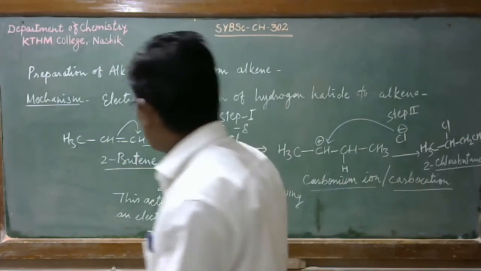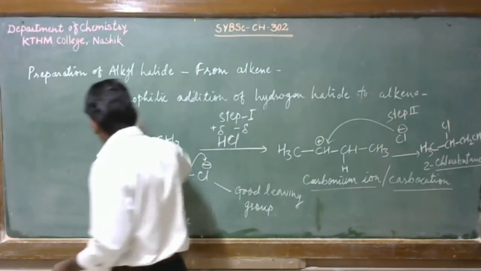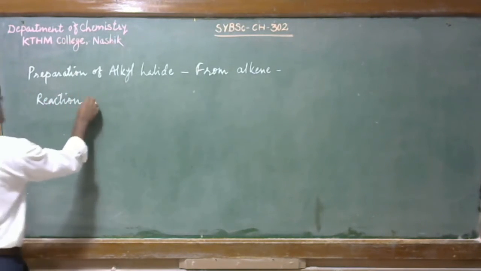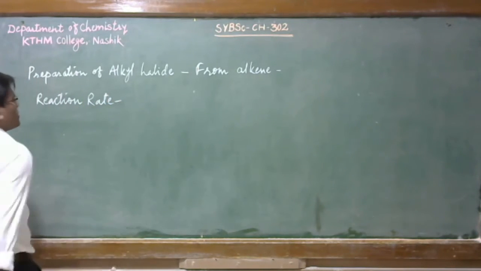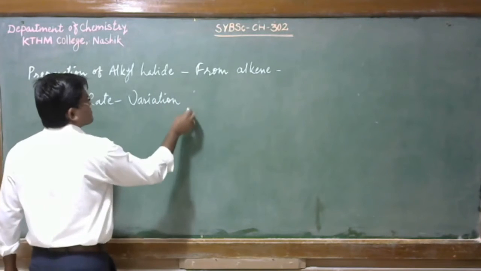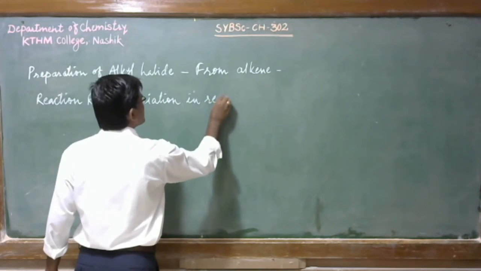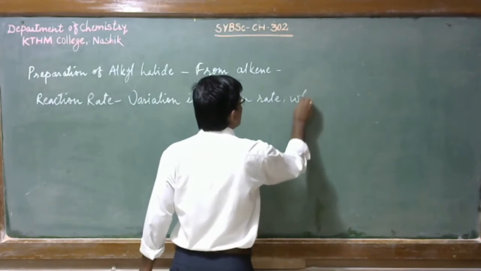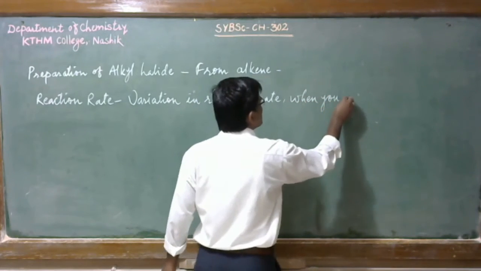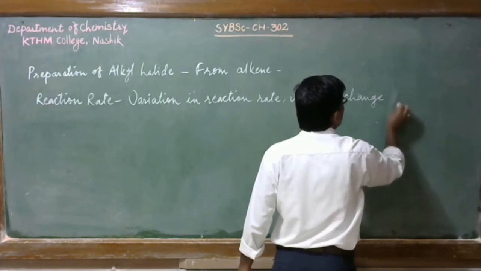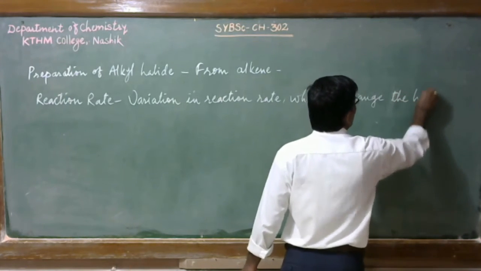The first factor is the variation in the reaction rate when you change the halogen.